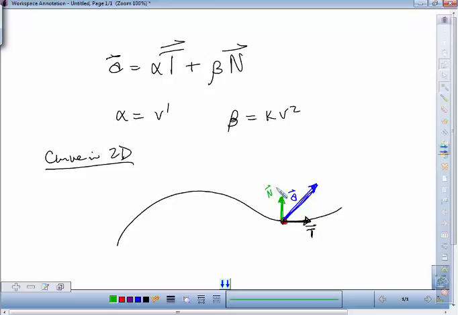And what we want to do is we want to express A as a linear combination of the t vector and the n vector. And the way we do that is we scalar multiply the t and the n, and then we would add them together, and then we would come up with the A vector.